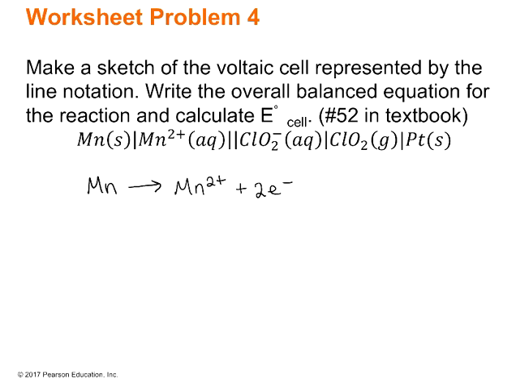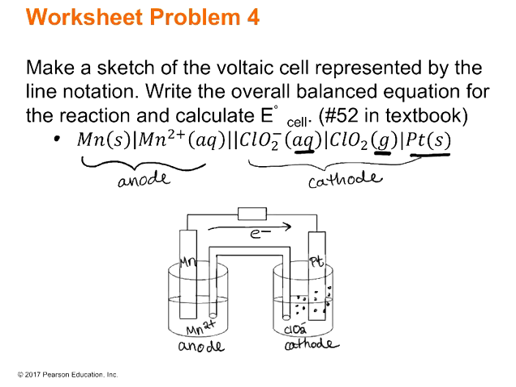Okay, and then for our other half reaction, let's see, we said that ClO2 minus, let's go back. So that was at the cathode, so it's being reduced. Oh, so I actually said the wrong thing there.